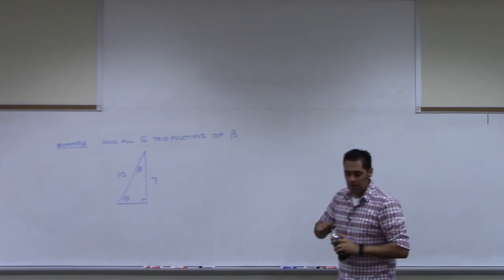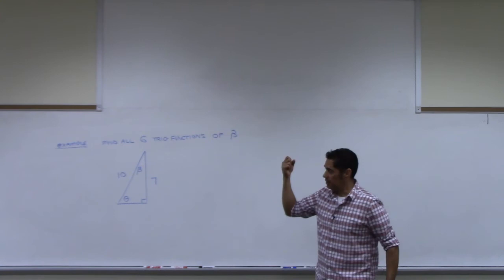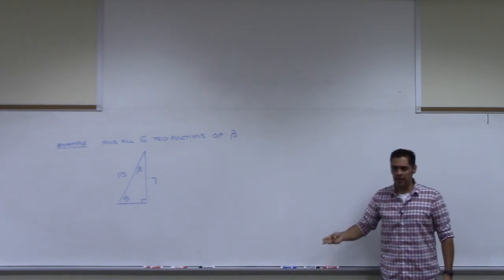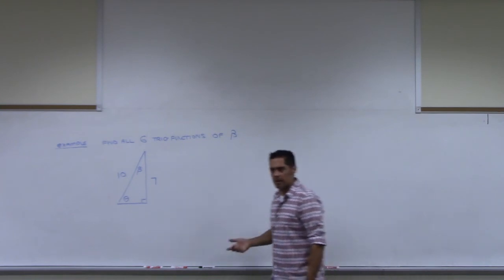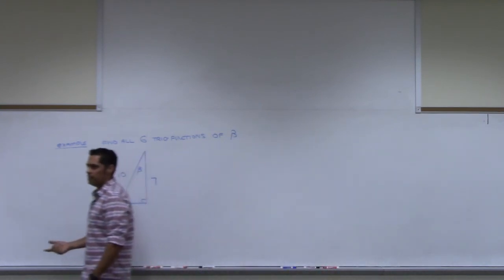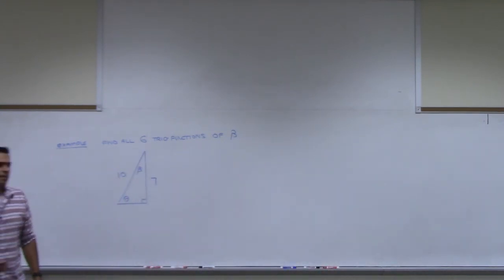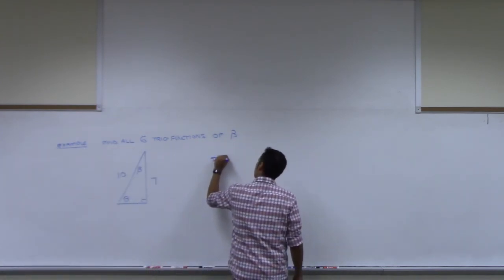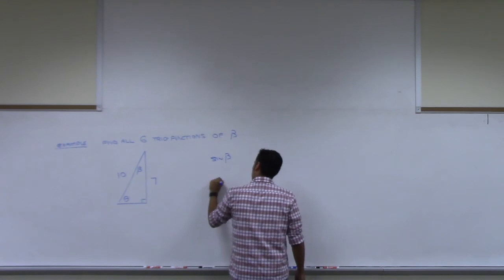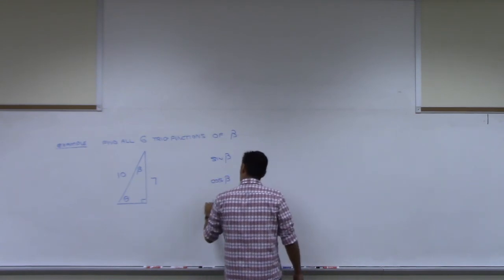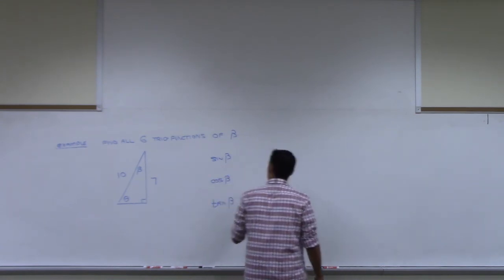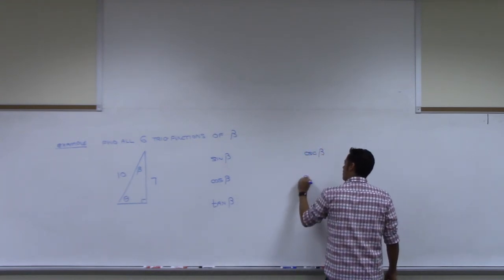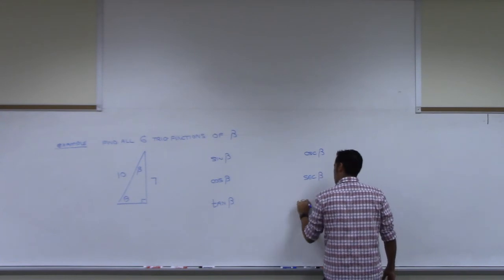That means I want to know what sine of beta is, cosine of beta, tangent beta, secant beta, cosecant beta, right? Cotangent beta, all 6. So let's see if we can find those out. Sine beta, cosine beta, tangent beta, cosecant beta, secant beta, and cotangent beta.